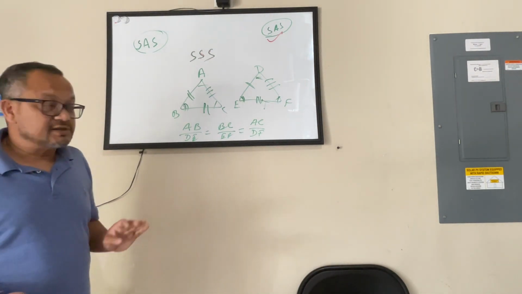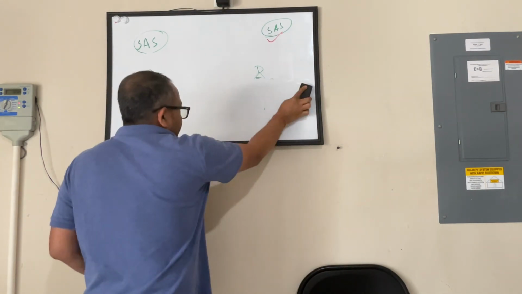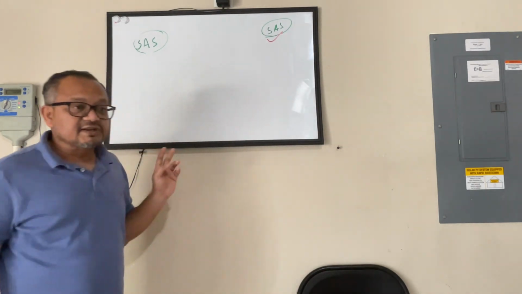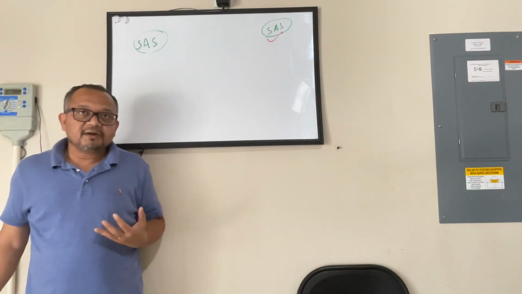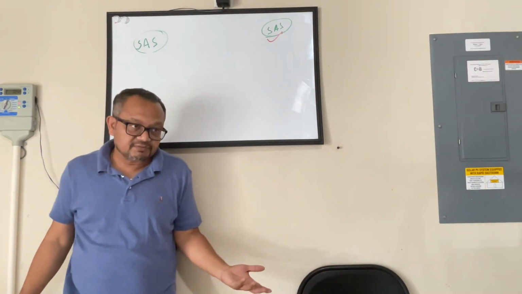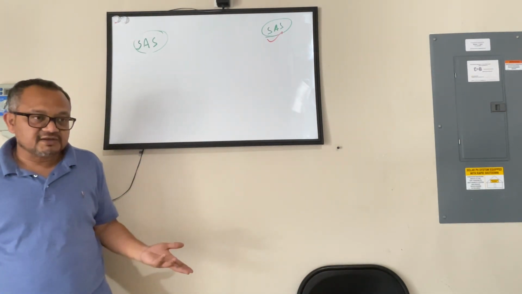So now, good thing for you guys is you don't have to really memorize how to prove it. I was proving it just because I wanted you guys to be well versed with these theorems or axioms, more like properties of triangles basically.